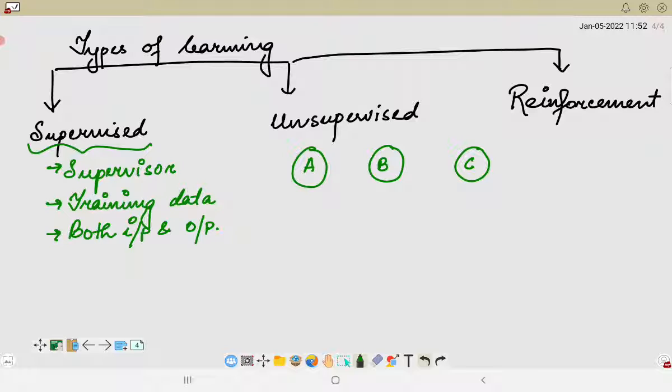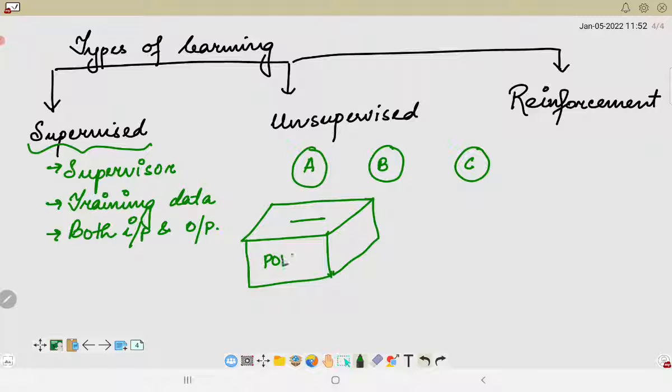Now we also have a poll box, where the ballots have been collected, the votes for all three people. What we will try to do after the election is over is estimate who is going to win and who is going to lose, okay?